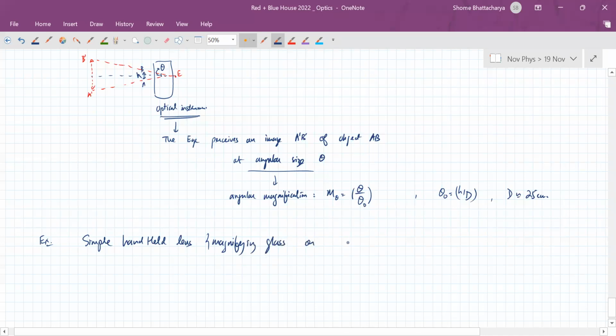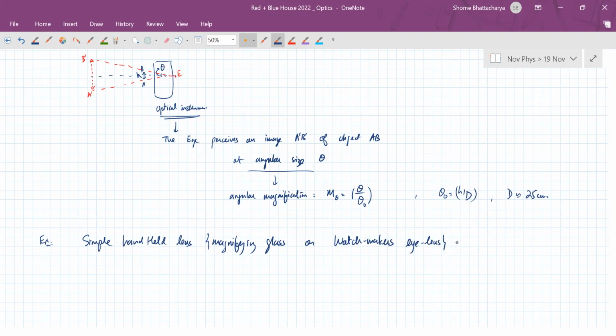Or also the case of a watchmaker's eye lens. If you have observed anybody who does repair work or any kind of technical work on mechanical wristwatches, they wear a lens on their eye.